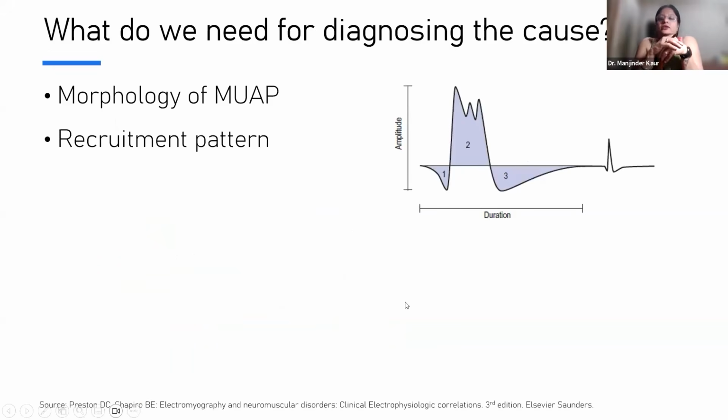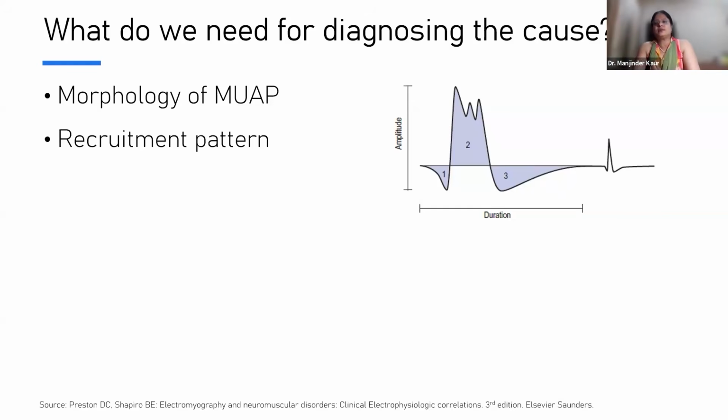So now when we talk about the motor unit action potential, what you all need to know is that we have a patient of muscular weakness. A patient with lesions of motor neuron, lesions of neuromuscular junction, or lesions of the muscles can present with muscular weakness.